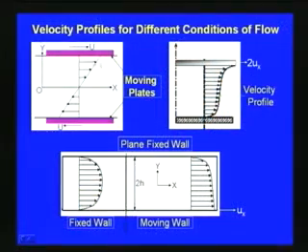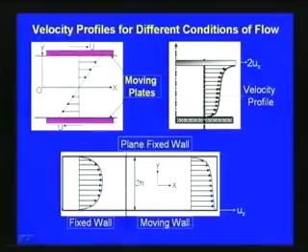Depending upon the problem, we can have various cases. We have already seen the plane Poiseuille flow, where both the plates are fixed. Another typical case is where both plates are moving in opposite directions.